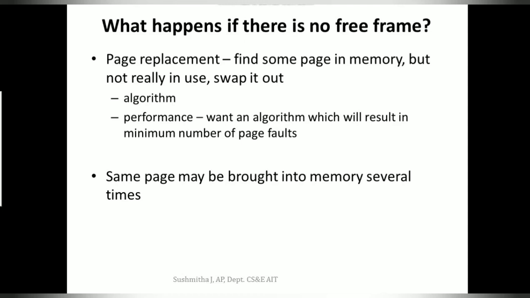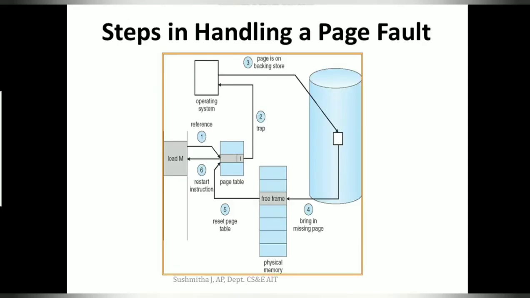Now what if main memory is full? What do we do? How do we allocate? See this same scenario. Here we said we will find a free frame from the frame list and we are going to allocate. Now I did not find a frame that is free at all.